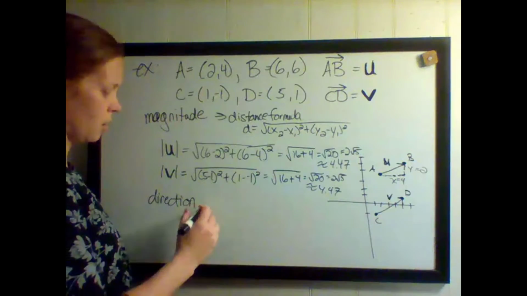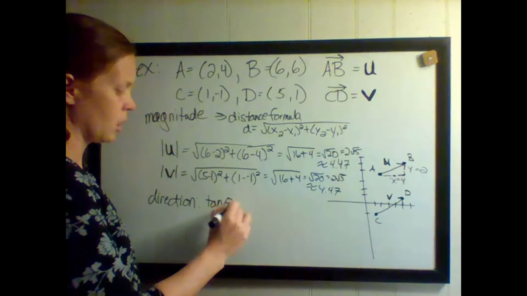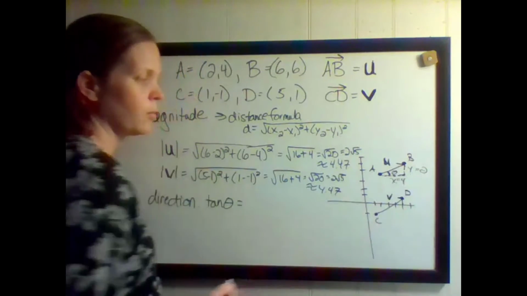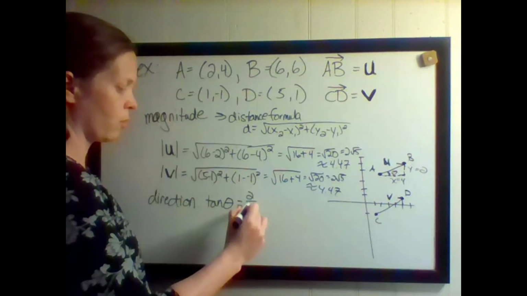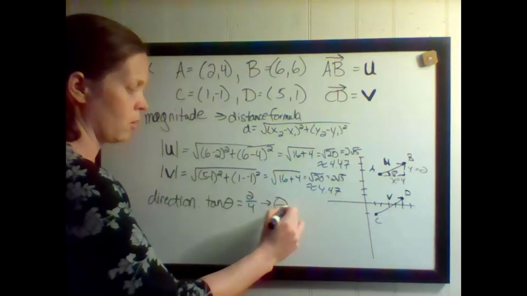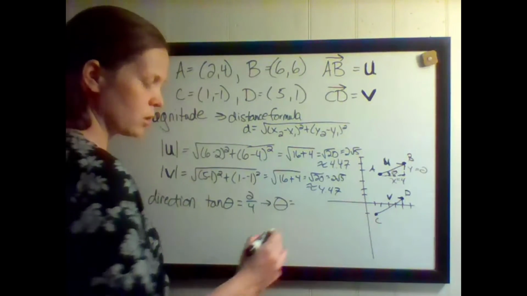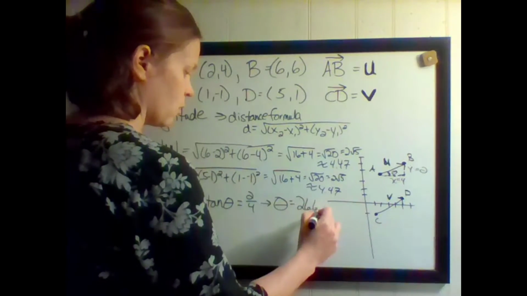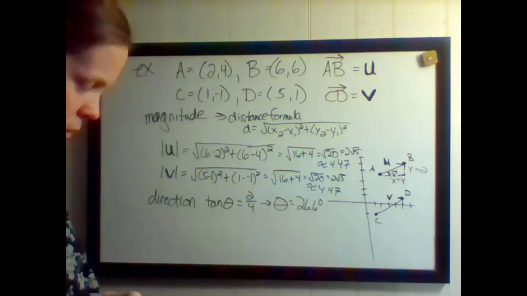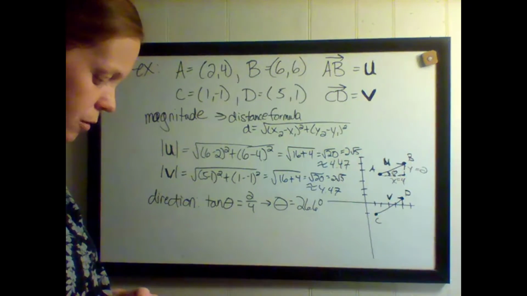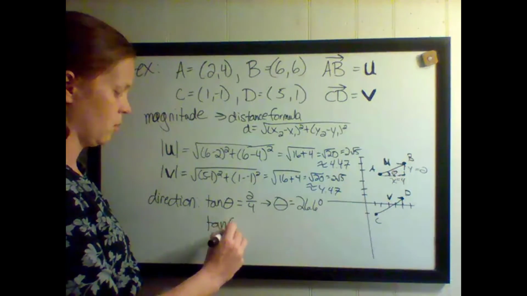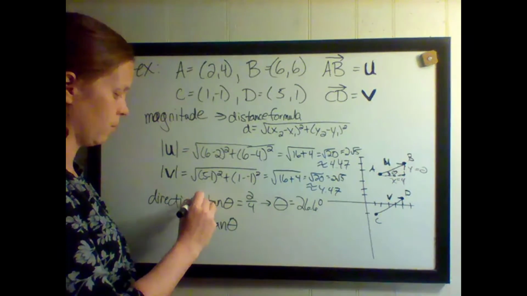We can find that angle using tangent. Tangent of theta, the angle right here, is 2 over 4. So tangent inverse of 2 over 4, or a half, is about 26.6 degrees. Okay, so that was for U.